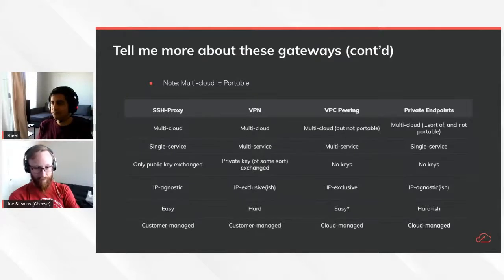Yeah. So, not portable. I technically didn't define that to mean not inter-cloud, but I think it happens to line up with that for these solutions. VPC peering and private endpoints are within a single cloud.